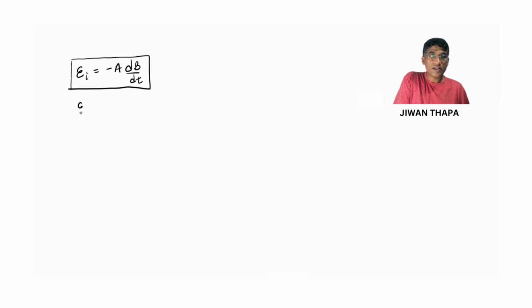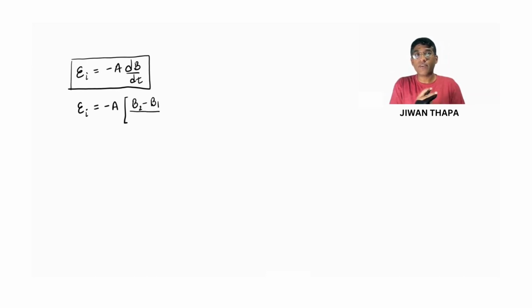Therefore, we can write induced EMF equals minus A times B2 minus B1 divided by T2 minus T1, because the numerator represents change in magnetic field and the denominator represents change in time, or time interval.